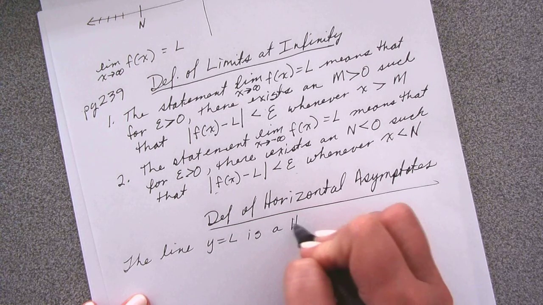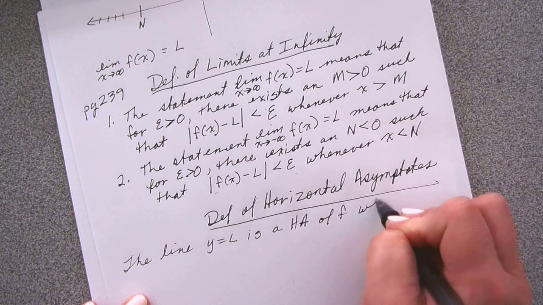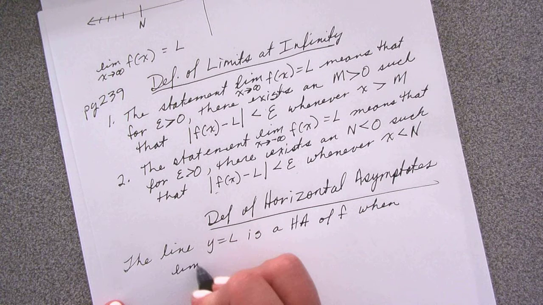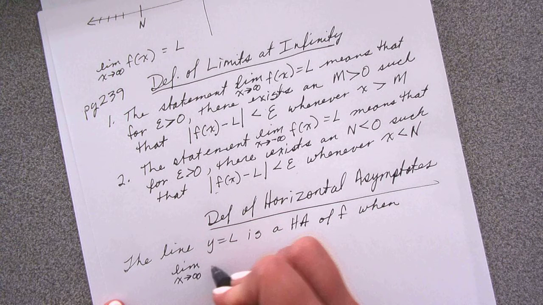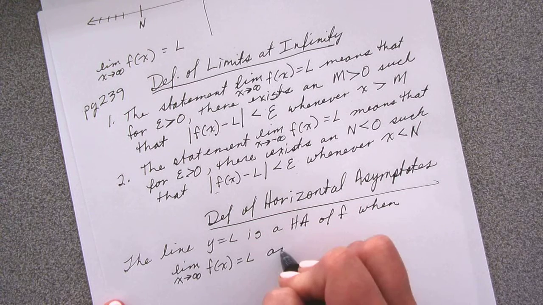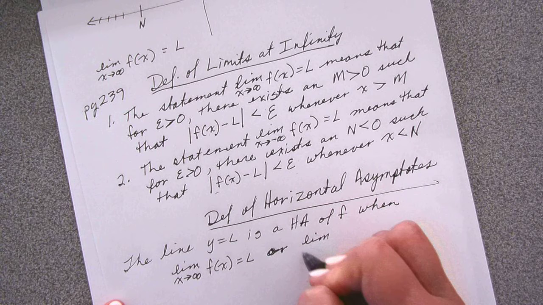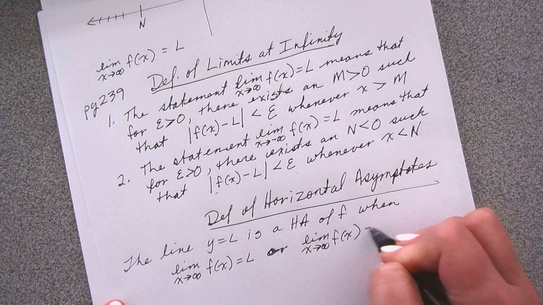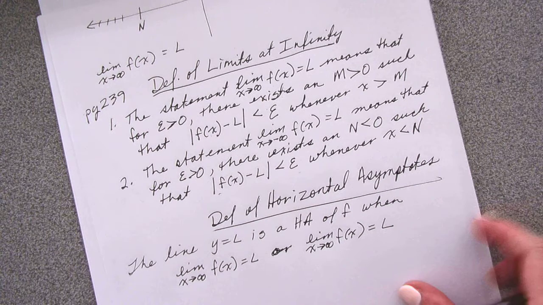So the limit as x gets very large, goes to infinity, of f of x is equal to L, and/or the limit as x approaches negative infinity of f of x is equal to L. So it can be both. It can be and or. In this example that I showed you up here, it's both, right?